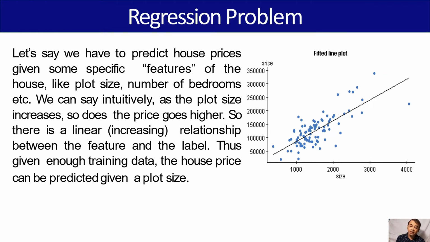Thus, given enough training data, the house price can be predicted given a plot size. Guys, you can see, here is the size, maybe in square feet, and this is the price, maybe in rupees or dollars, whatever. That means regression helps to predict the house price depending on the plot size, or the number of bedrooms or the area, whatever you can say.